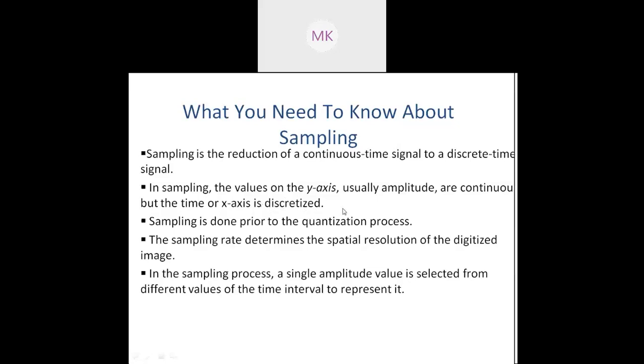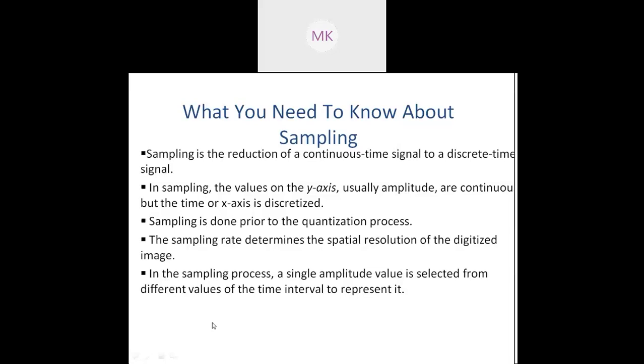The x-axis should be divided into different sampling points and the y-axis should be continuous, representing the amplitude. So the y-axis remains as it is. Sampling is done prior to the quantization process. Sampling rate determines the spatial resolution of the digitized image.